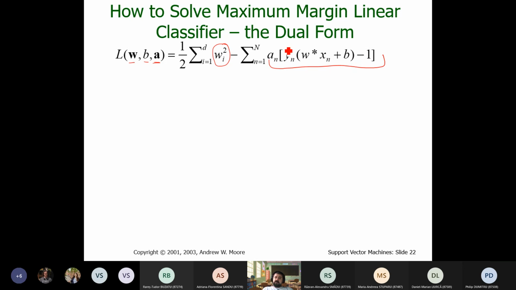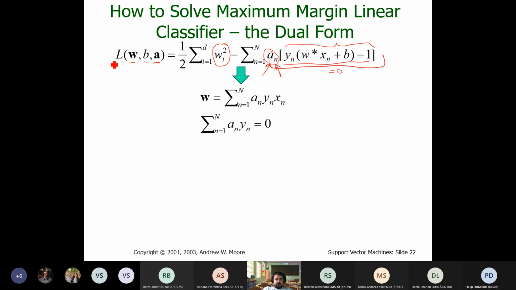So it means that this part should be greater or equal to 0, okay? And this parameter will allow us to have some values that will not be equal to 0. So if this expression is not equal to 0, then an should be 0; if it is equal to 0, then an can be anything. So the an are the Lagrange multipliers that will help me solve this equation.